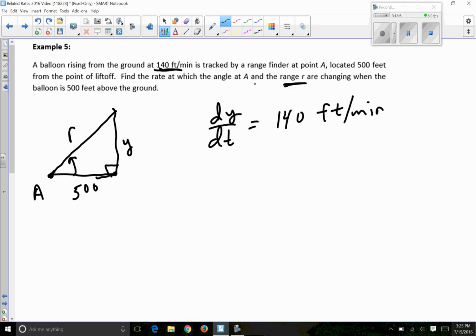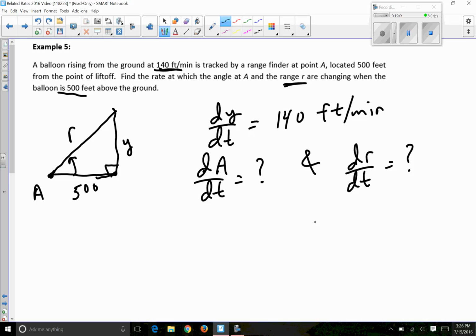Find the rate at which the angle is changing. And there's another problem. It's also find the rate at which r is changing. We have to find both of these when the balloon is 500 feet above the ground. That's when y is 500 feet. So there's actually two problems here.